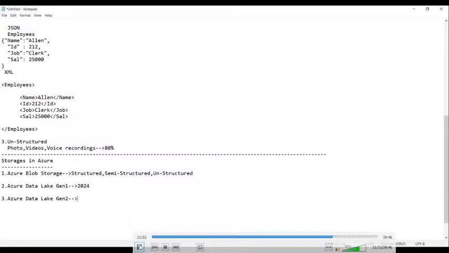Whenever we want to use the data for analysis, such data is mostly recorded into Azure Data Lake Gen 2.